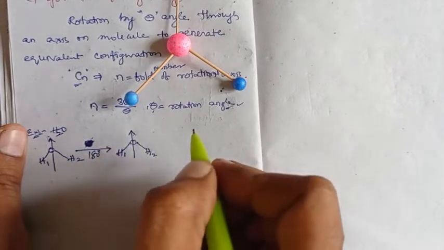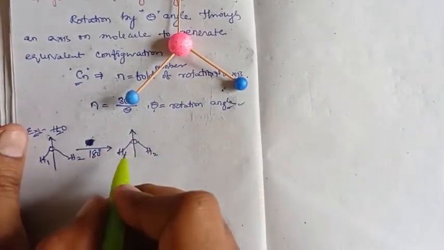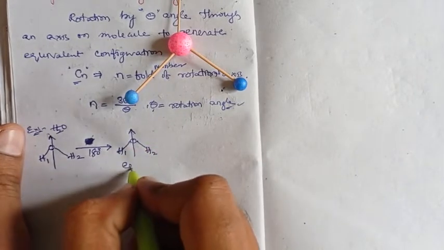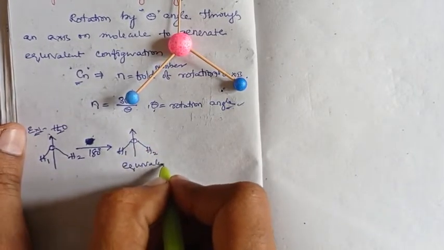The rotation should be chosen such that similar atoms exchange their positions, which gives an equivalent structure.